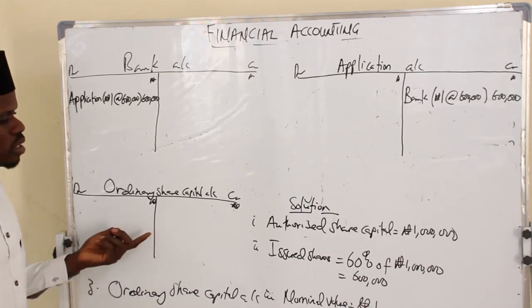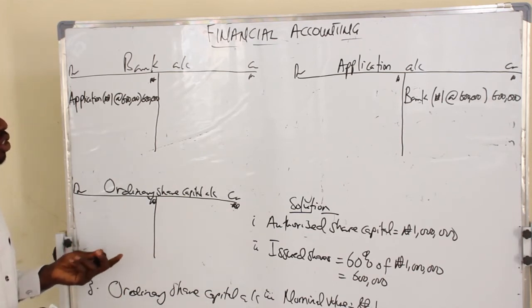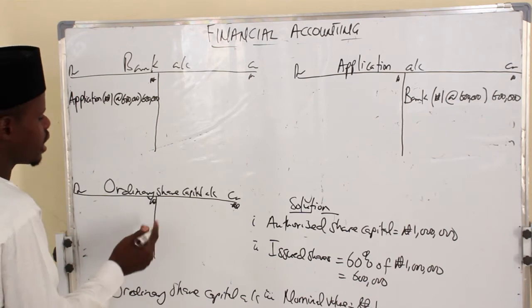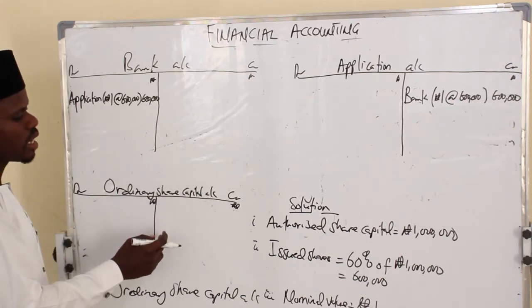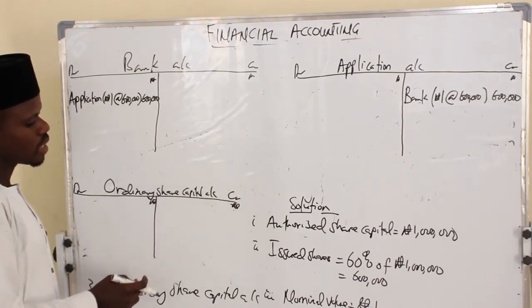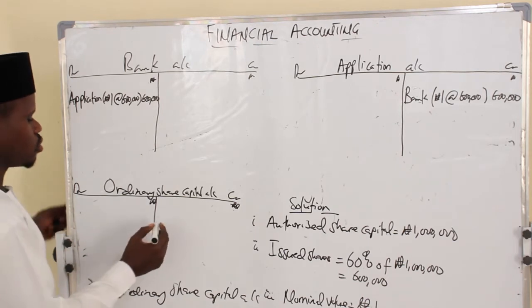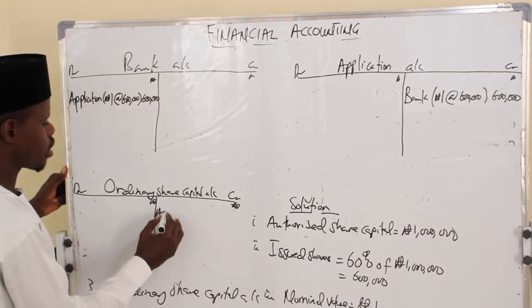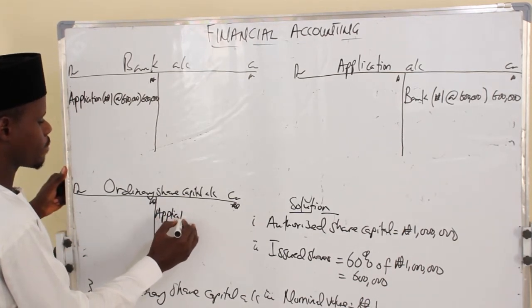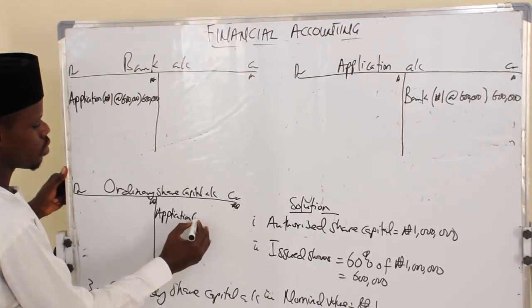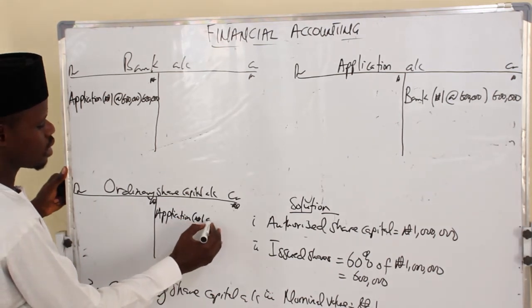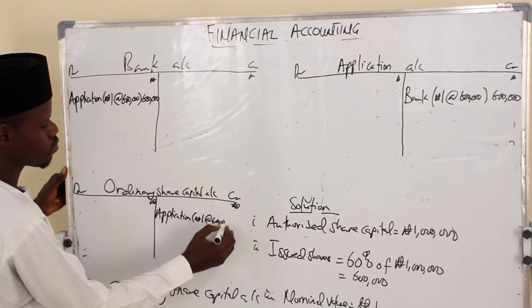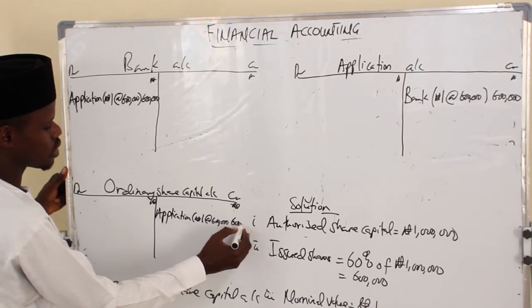We are selling the ordinary share capital. A capital is being treated as a liability and all capital accounts are credited. So we'll write application here, 1 Naira at 600,000. This will give us 600,000 Naira.